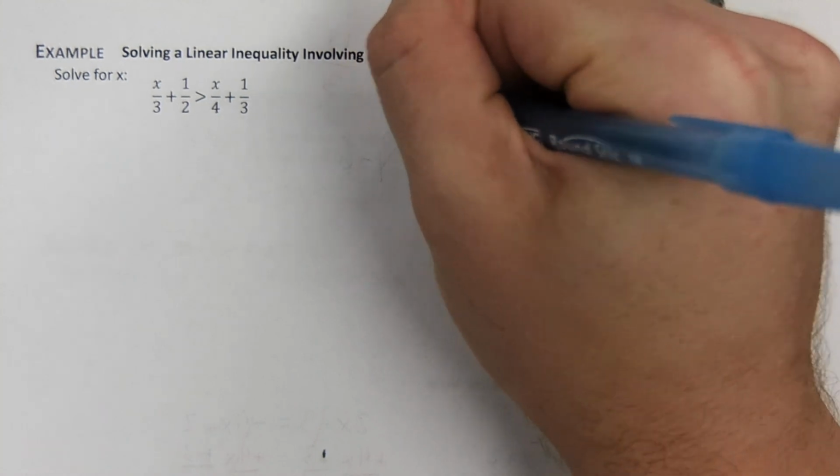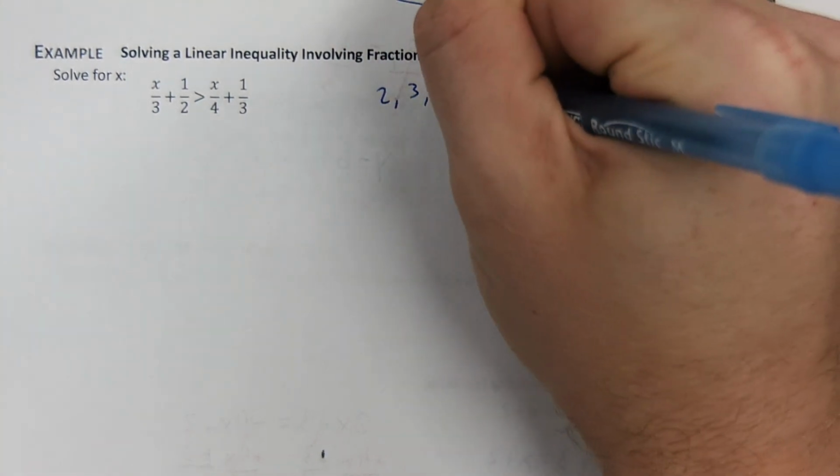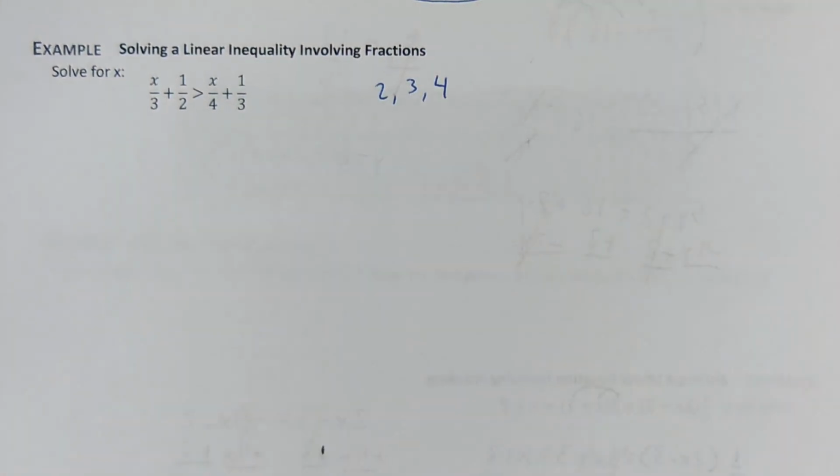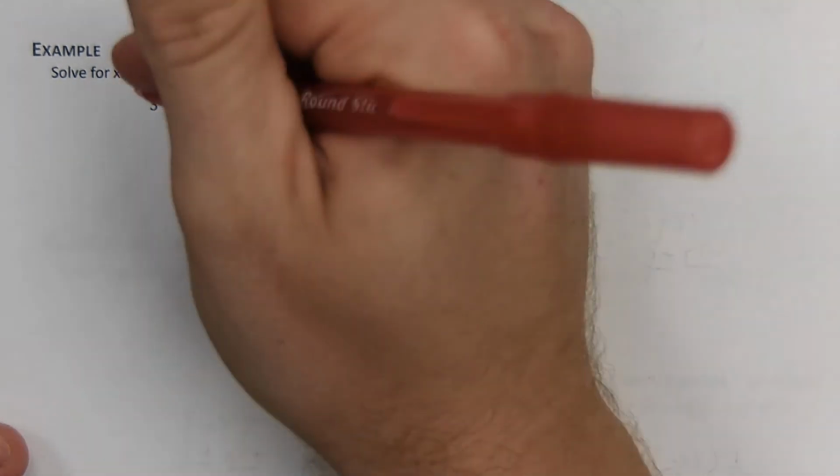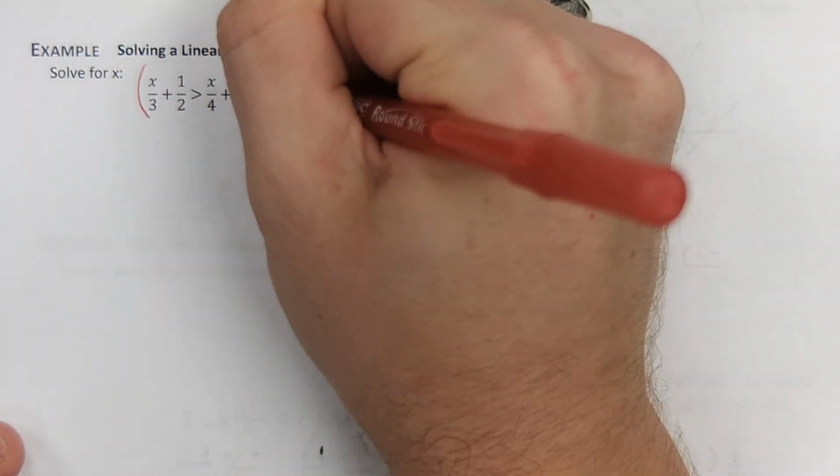So what I'm trying to do is figure out what number that 2, 3, and 4 can all easily become. 12. Now, 24 also works, it's just not the smallest. But because they can all become a 12, 12 is the least common denominator, and it will be the number that I distribute across the entire inequality.